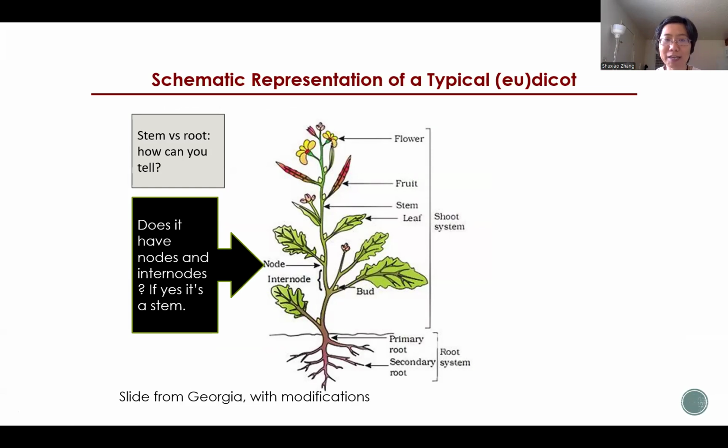And sometimes this can make it quite tricky for you to identify whether something is a stem or a root. So one of the key identifying features in identifying whether something is a shoot or root is that only stems have nodes and internodes.